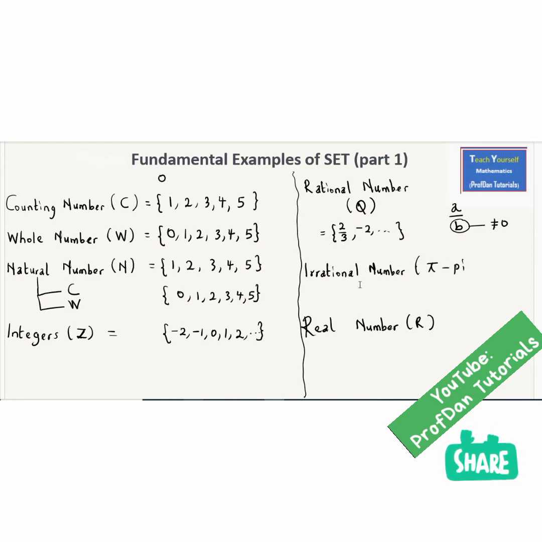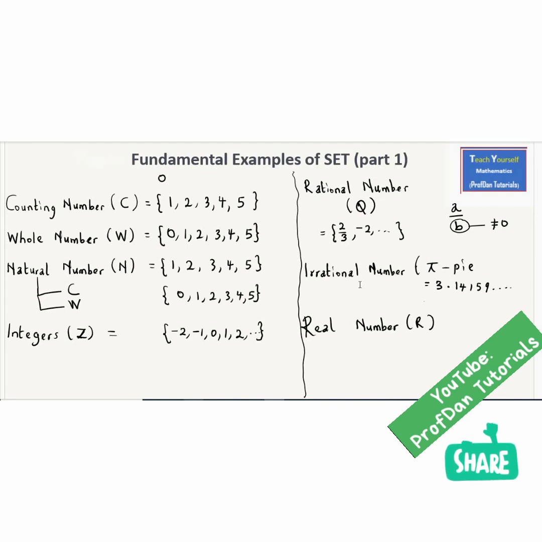Pi in the real sense is a number like 3.14159, and the number continues. So when a decimal number has no end, like in this case of pi, it is an irrational number.